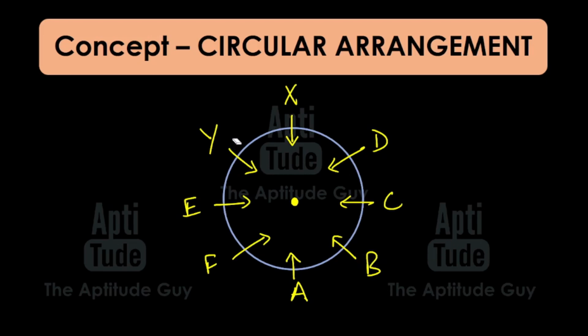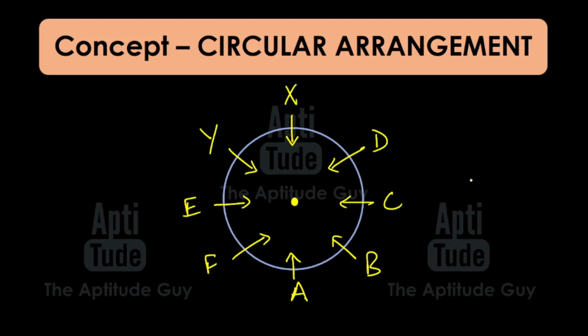Opposite to B is Y. A lot of people end up thinking that if opposite to E is C, then opposite to B will be F. No. Opposite means you have to cross the center and go to the other side always. Who is sitting opposite to D? That is F. Who is two places to the right of A? A is facing north, so the right side is this side. 1, 2. Answer is C.